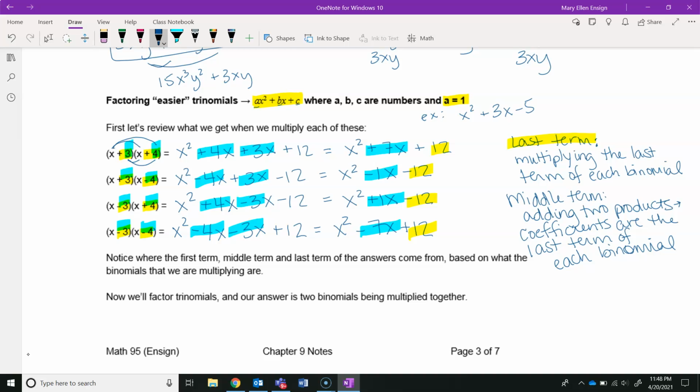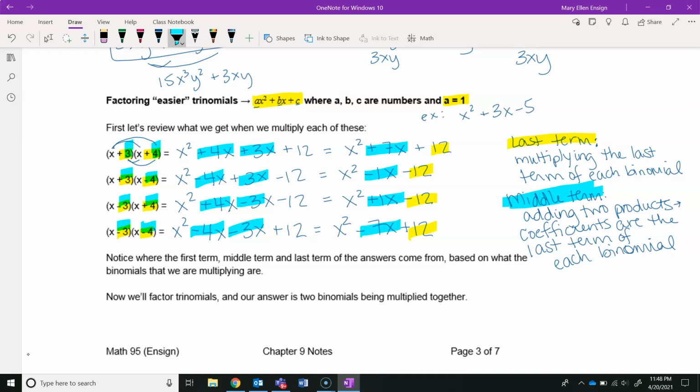Okay, so what's that mean? The middle term, the one in blue, came from adding two things. They added products. 4x and 3x are products because I got them by multiplying. 4 times x gave me 4x, 3 times x gave me 3x.